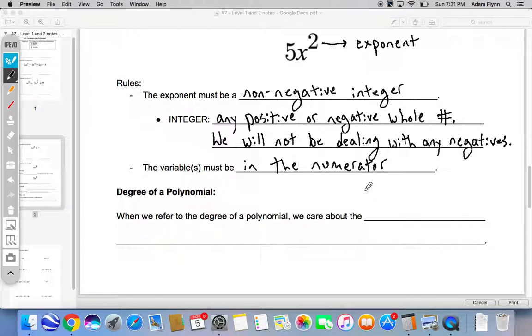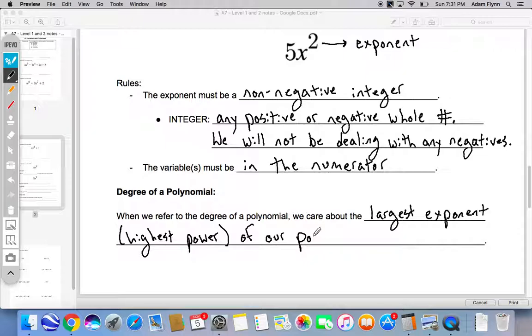So when we refer to the degree of a polynomial, we care about the largest exponent or highest power of our polynomial.